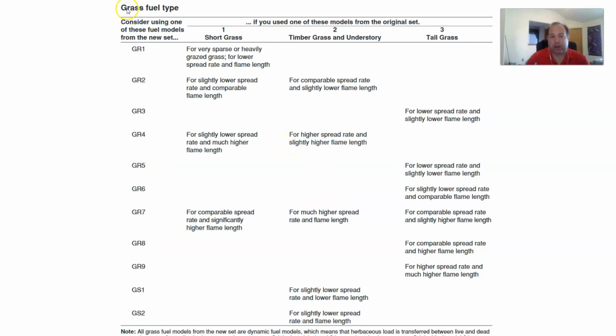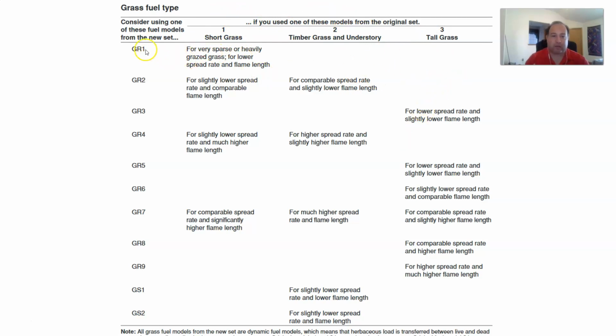These are the grass fuel types, so you'll see them with the GR abbreviation, and there are 9 in here, as well as 2 other ones, which are the grass shrub, because they're GS as opposed to GR. It also breaks it down into short grass, timber grass in the understory, or tall grass.